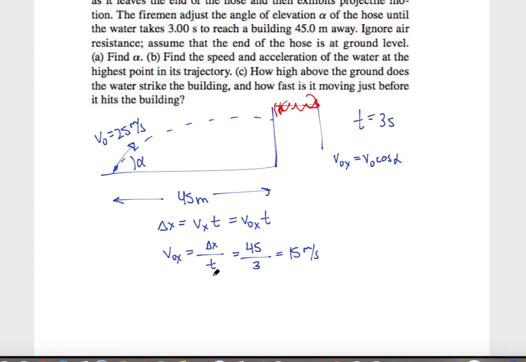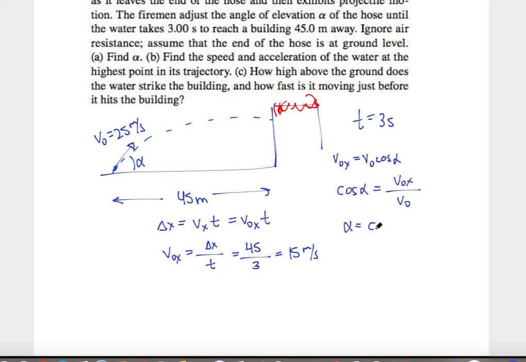So, knowing that v naught x is 15 meters per second, I can actually solve for the cosine of alpha, which would be v naught x over v naught. Therefore, my alpha is just the arc cosine of this ratio.